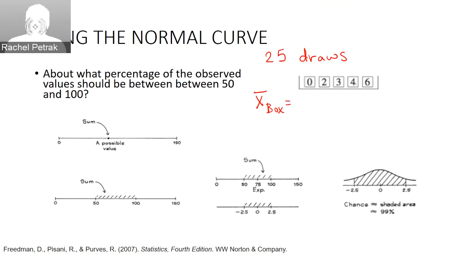And that's going to be equal to the sum of these scores divided by 5. The mean of this box is 3, as per before. And if we want to get the expected value, we can just take our number of draws times the average of the box.